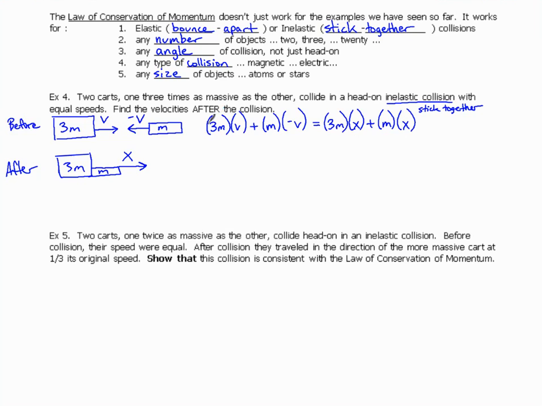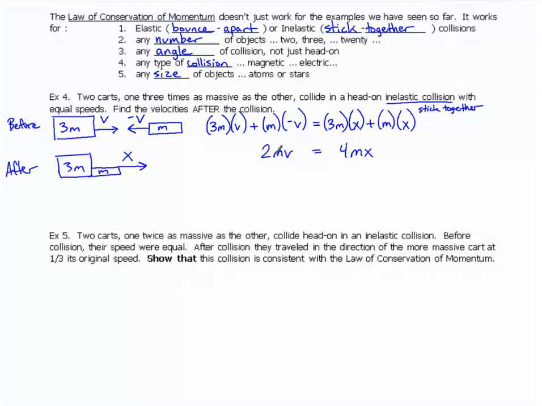So this is really 3mv minus mv, which is 2 times m times v. And on the other side, we have 3mx plus mx, 4 times mx. So this is a lot like the previous example.